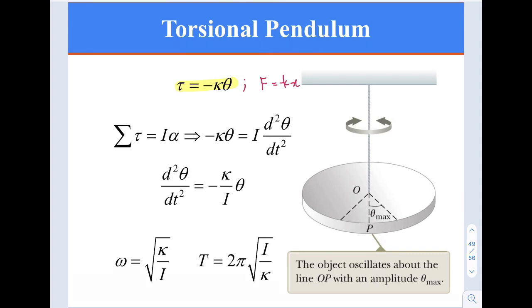In comparison to d squared x over dt squared equals negative omega squared x, here we have omega squared equal to kappa over I. Then T is equal to 2 pi square root of I over kappa.